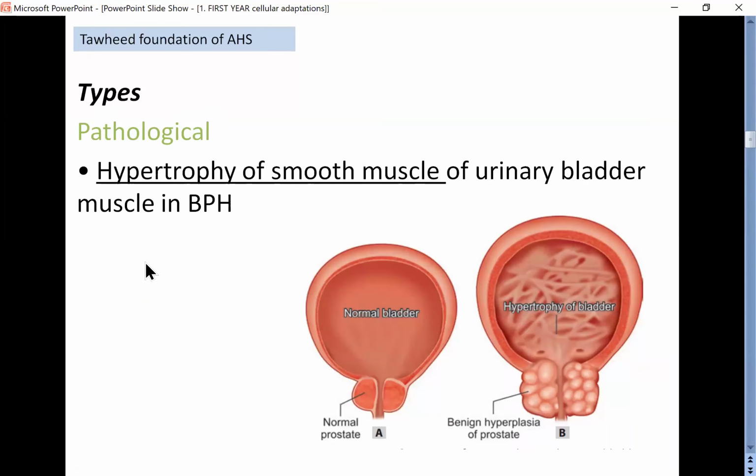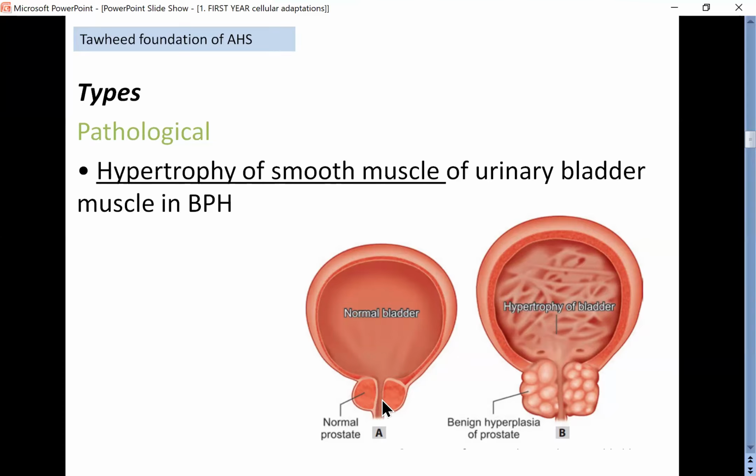The next example for hypertrophy is hypertrophy of smooth muscle of the urinary bladder present in benign prostatic hyperplasia. Normally in males, you can see a prostatic gland on either side of your urethra. So you have the kidney, which is connected with your urethra, which will empty into your bladder, and from the bladder the urine will be drained out through the urethra.